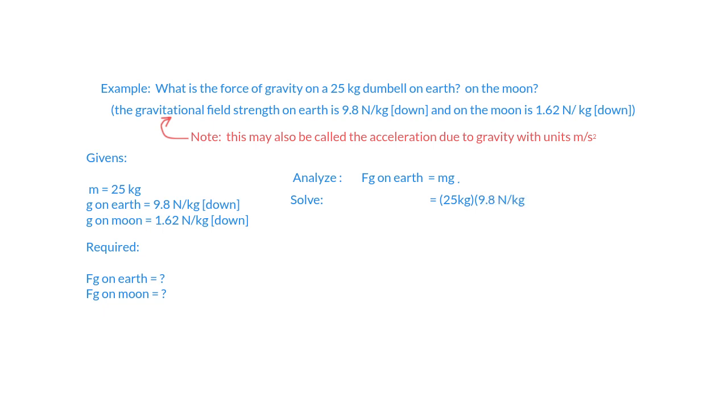Just remembering you might also see the meters per second squared if it's an acceleration, which is also perfectly fine. It gives you the exact same answer. And then you can multiply that. It will give you 245, and the kilograms will cancel out. So it will just be in newtons.